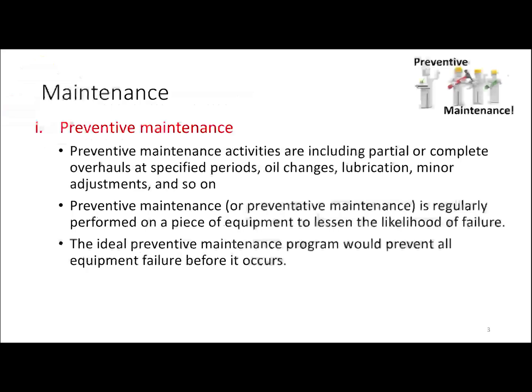So any work performed on the machinery which is already scheduled. That's why preventive maintenance is regularly performed on a piece of equipment to lessen the likelihood of failure. The ideal preventive maintenance program will prevent all equipment failure before it occurs. Because we already plan it before it happens, we already predict it.